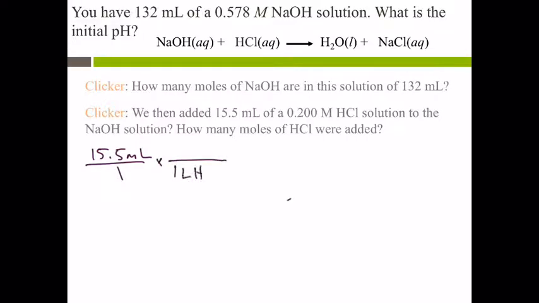For every 1 liter of HCl solution, we have 0.200 moles of HCl. That means that we added 3.10 millimoles of HCl.